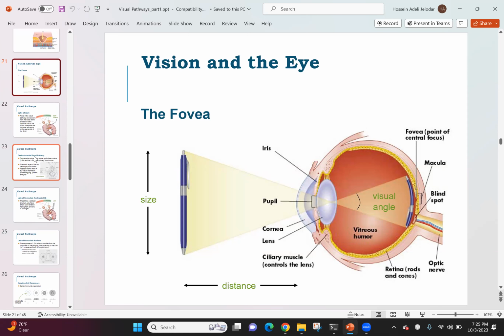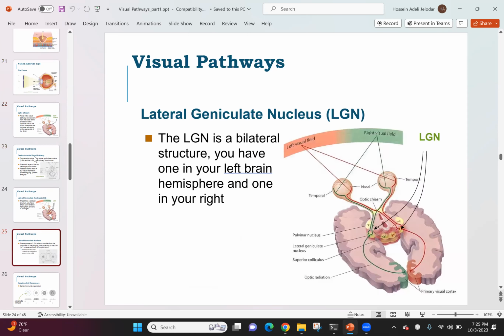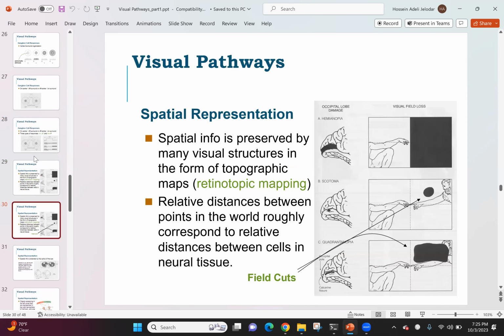And that's why it's retinotopic, because it preserves the organization of the retina. When two things are close to each other in the retina, they're also close to each other in the visual cortex. Now, this didn't have to be the case.